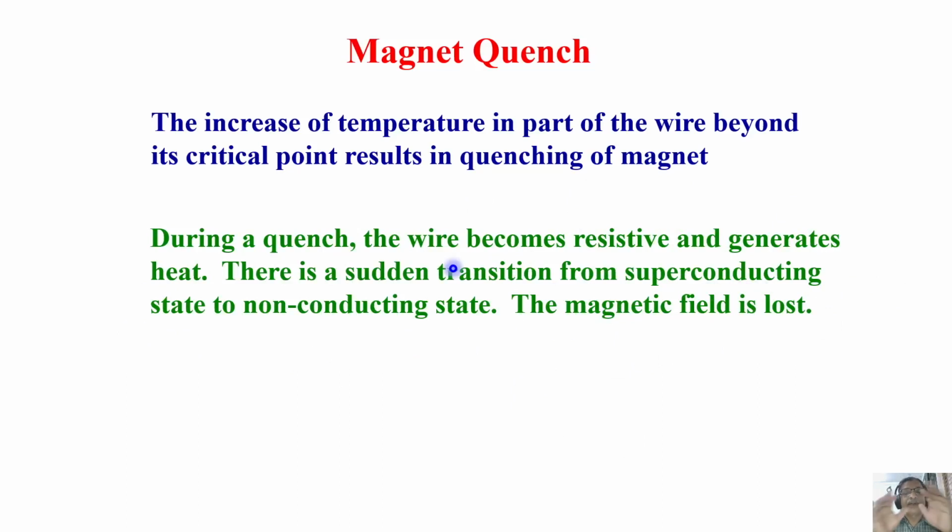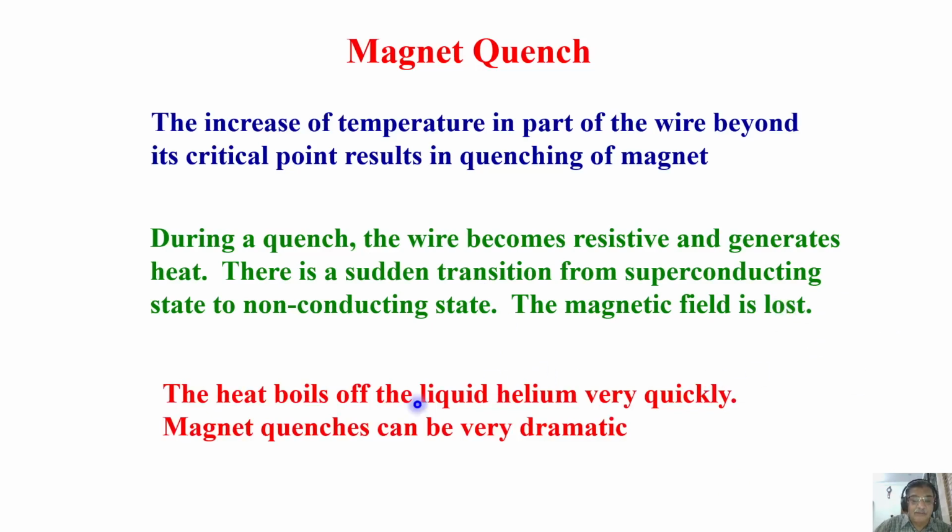It loses the superconducting state and gains a resistance which was zero before, and the whole magnetic field is lost.